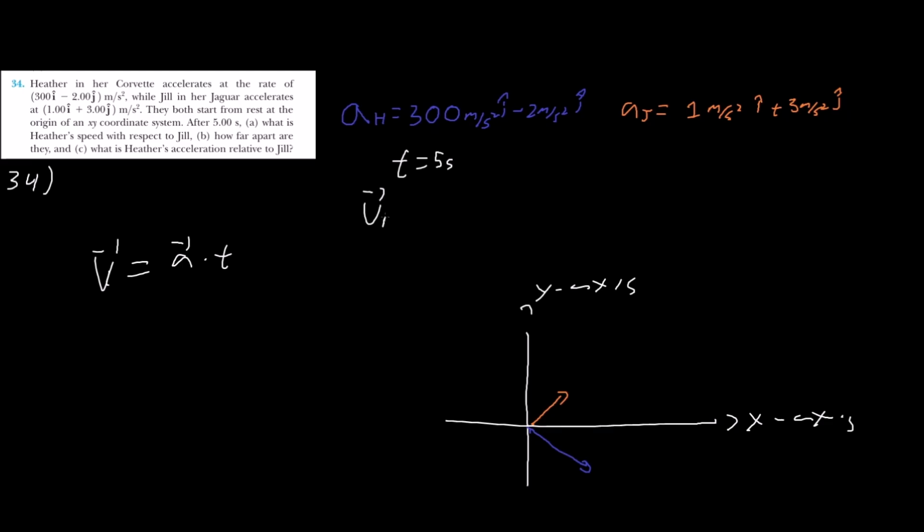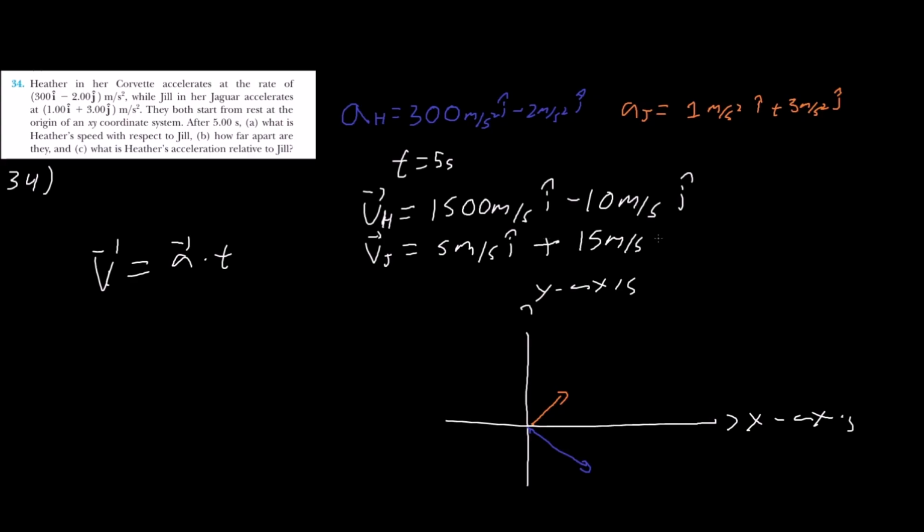So the velocity for Heather is 15 meters per second in the i-hat direction minus 10 meters per second in the j-hat direction. The velocity for Jill is 5 meters per second in the i-hat direction plus 15 meters per second in the j-hat direction.